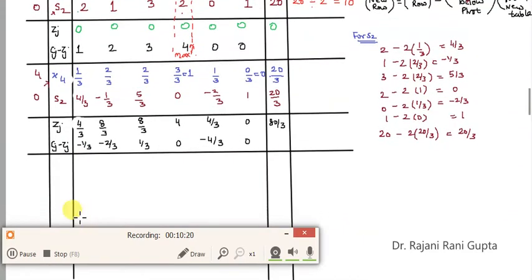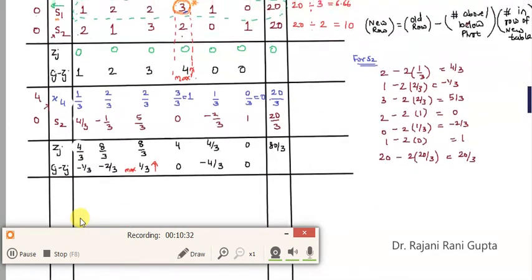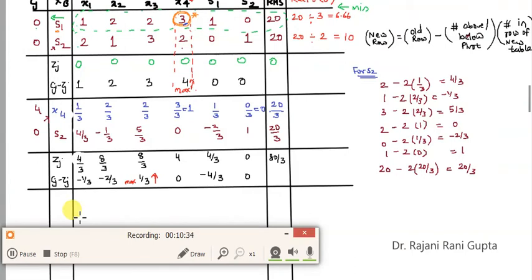Now you see this is the maximum value, which is positive. So it means in the next table x3 will enter the basis. Now we need to check which one is leaving. So this is the pivot column. So this is 20 divided by 3, this whole divided by 2 by 3.